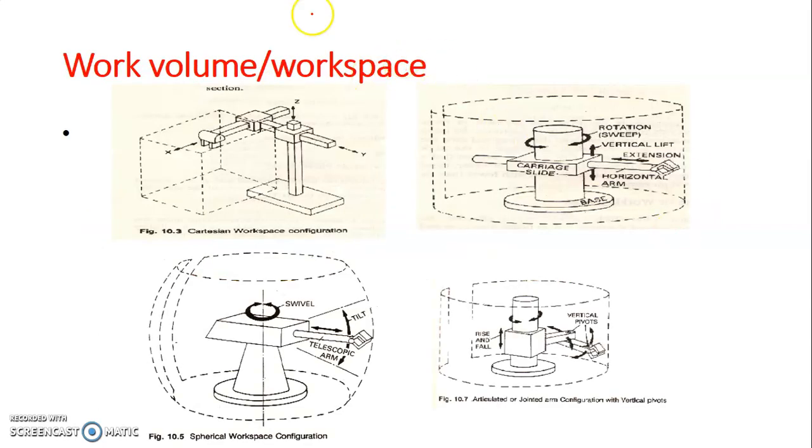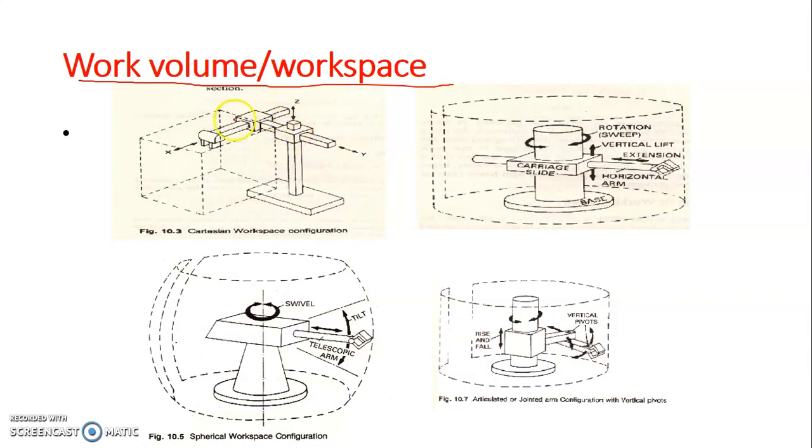So next one, workspace or work volume. This is also another important technical feature of the robot. We can observe there are four different configurations of the robot. This is one type of robot, and this is another type, and another, and another. Like this, four different types of robots we have. And what is work volume or workspace?